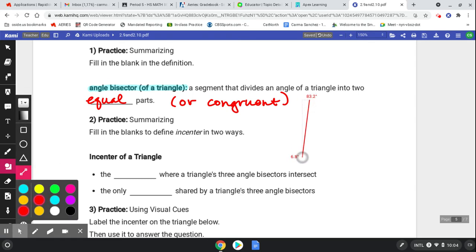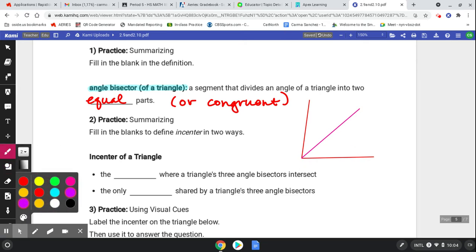So go ahead and just sketch this out. There's one, there's another. An angle bisector is going to cut that right into 2 equal parts. So this is my angle bisector. What do you think?